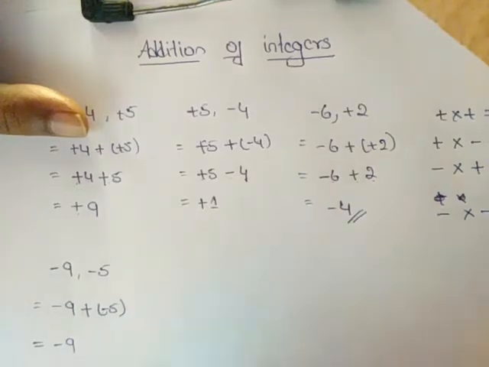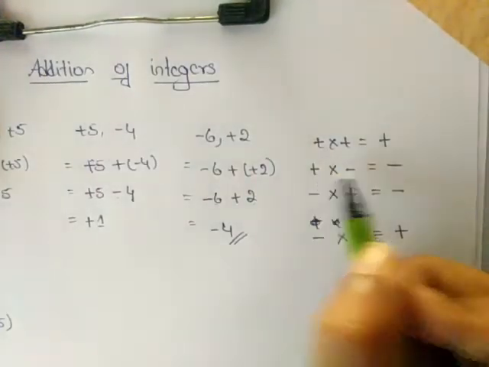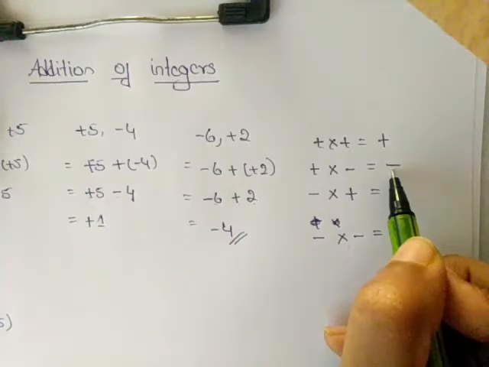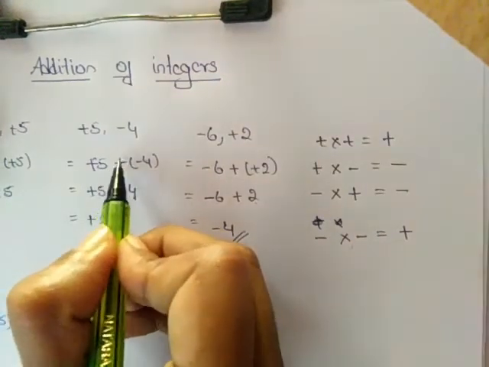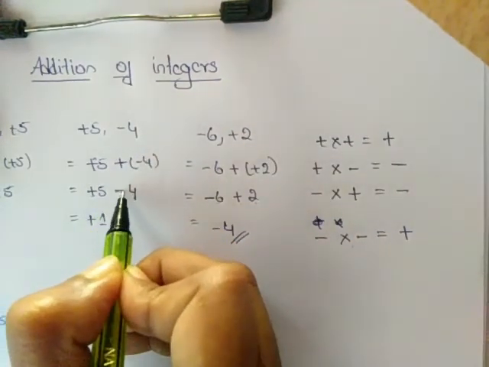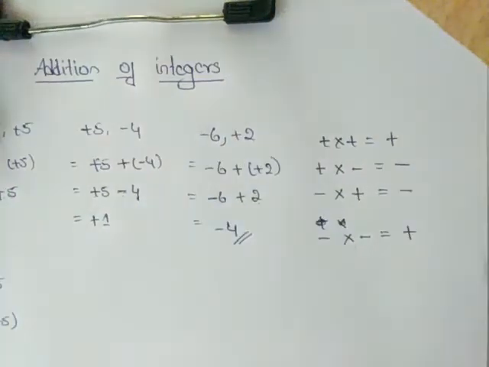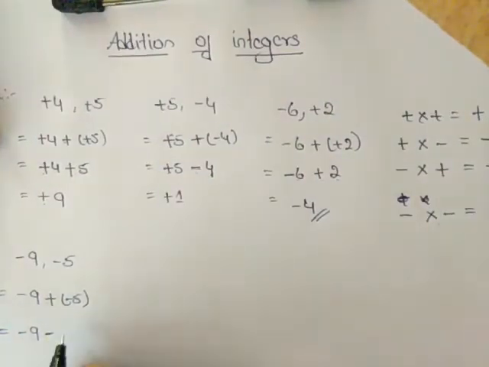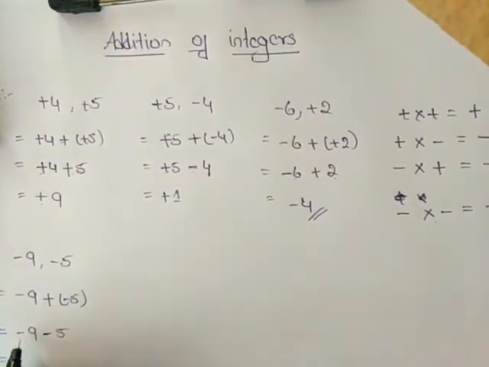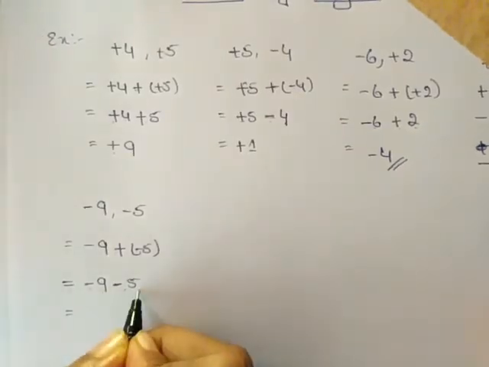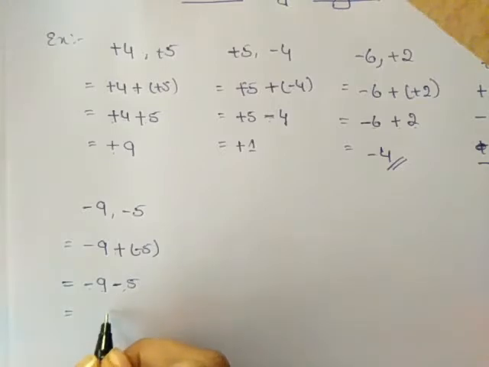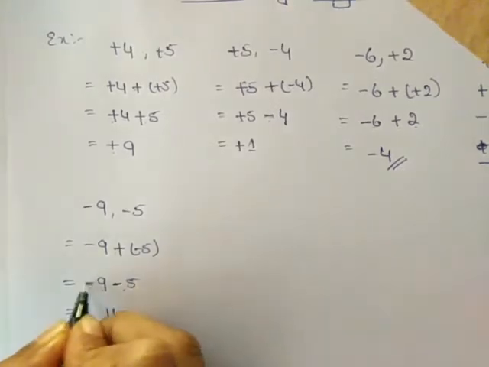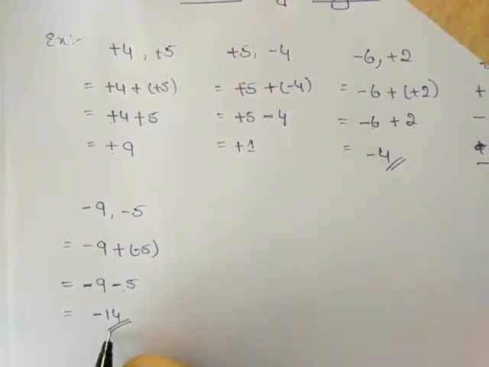Plus into minus, you know here. Plus into minus, it is minus, isn't it? Here also I have written same. Plus into minus, minus I have written. Yes or no? So we'll see here, it is minus 5. Then having the same sign, so we'll add them. 9 plus 5, it is 14. Bigger number sign, minus, right?